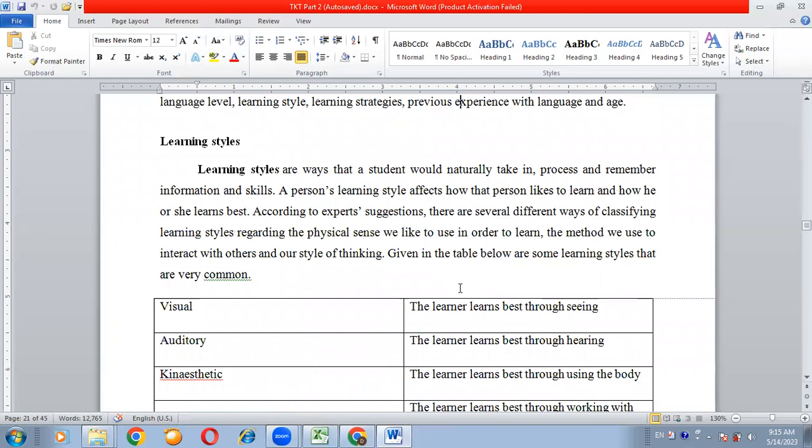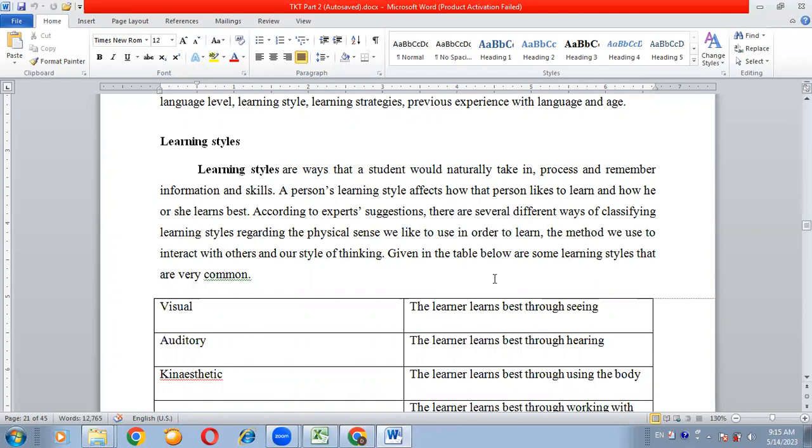Learning styles. Learning styles are ways that a student would naturally like to process and remember information and skills. A person's learning style affects how that person likes to learn and how he or she learns best.